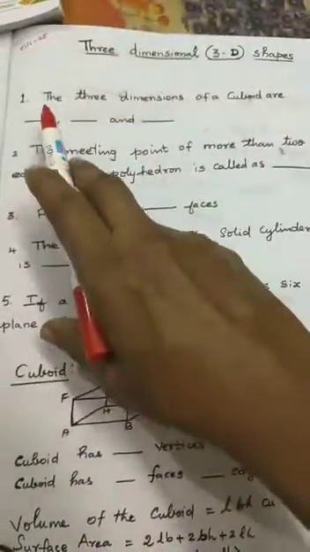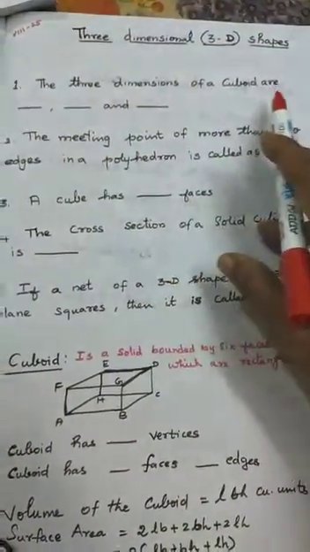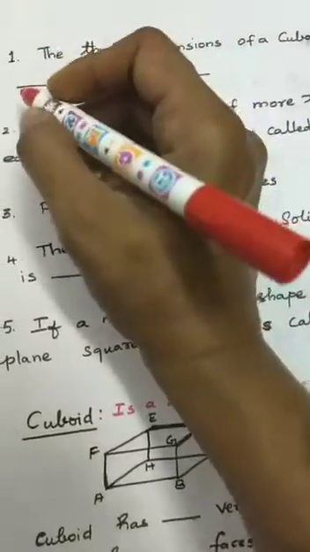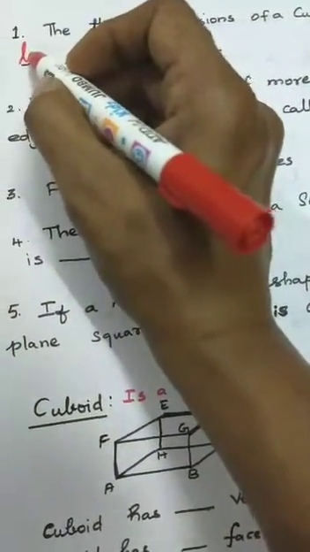Then faces. How many faces? 1, 2, 3, 4, 5, 6. 6 faces are there. Now what are the 3 dimensions the cuboid has?